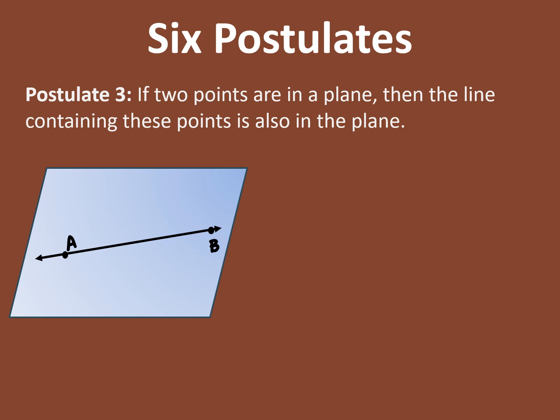So even though we don't have it represented here, remember that this plane continues infinitely in all 4 directions. Right, so this plane continues on up, to the right, down, and to the left. Right, so the plane extends endlessly in all directions.